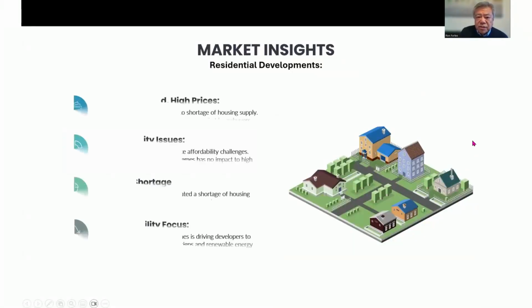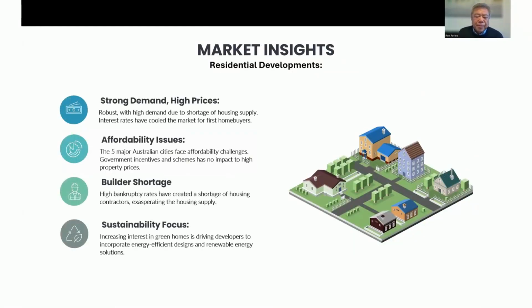So let's look at some of the market insights that are happening currently in Australia. There is a strong demand, mainly because of the shortage of housing supply throughout the country at the moment. However, interest rates have cooled the market for first-home buyers. There are not many first-home buyers coming onto the market.